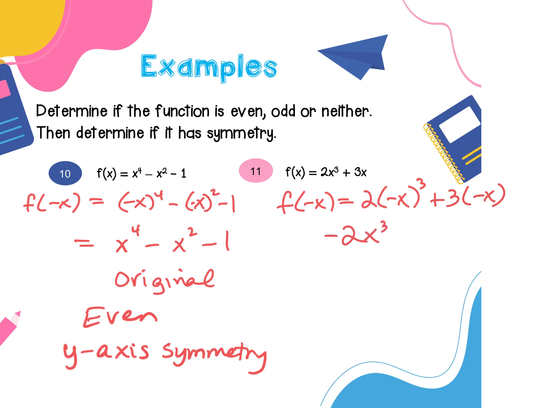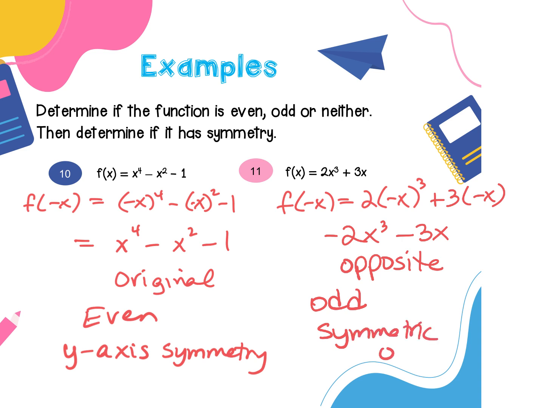So we're going to make it negative 2x cubed minus 3x. And again, these are both opposite signs of what we started with. So when they're both opposite signs of what you start with, then it's an odd function, and it's symmetric to the origin.